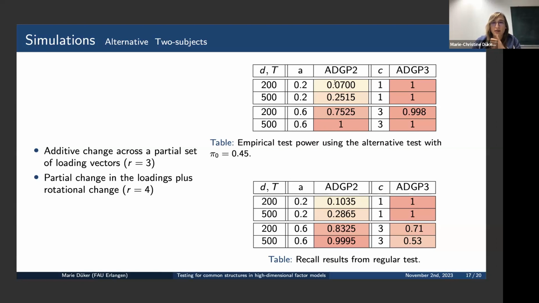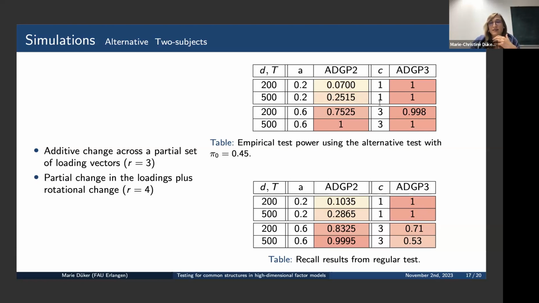So we looked at 2 data generating processes. Here for comparison, our results from the previous simulations. The first one was an additive change across a partial set of loadings, and the second one was a partial change in the loadings plus some rotational change. And we actually got in the previous test not very great results, or we didn't quite get to the power we would have liked.